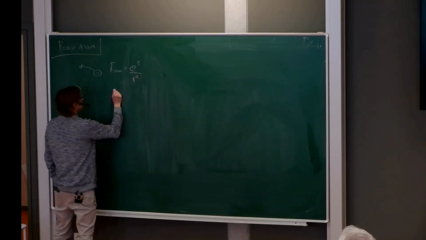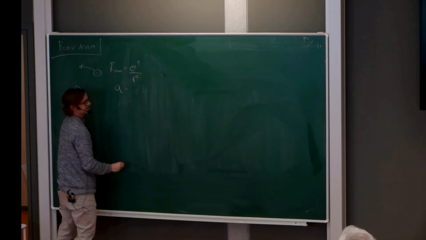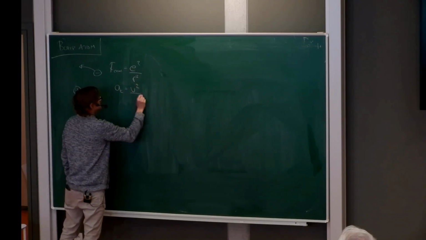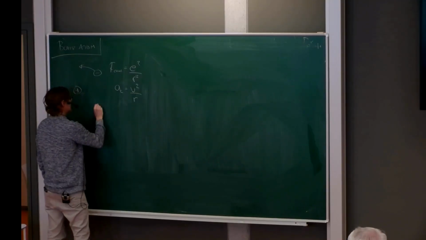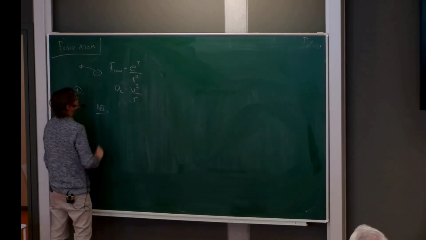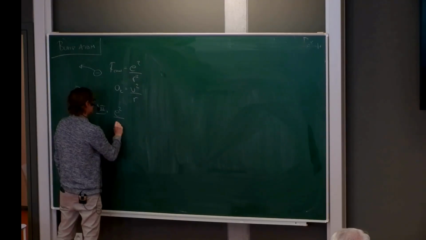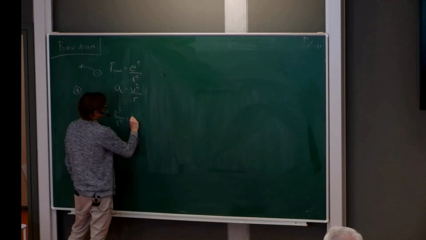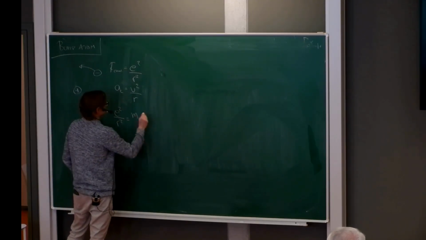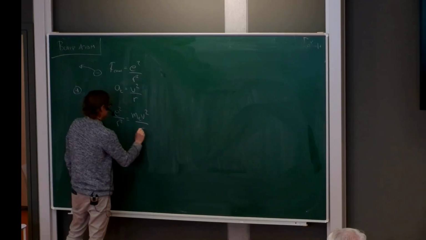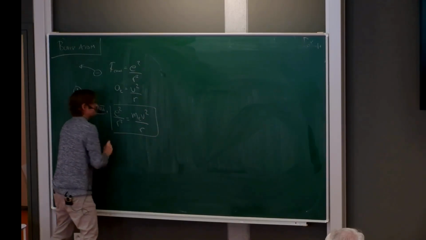But we also have the centripetal acceleration, which is just v squared divided by r. So Newton 2 gives you e squared divided by r squared equals m, the mass of the electron, times v squared divided by r, right?